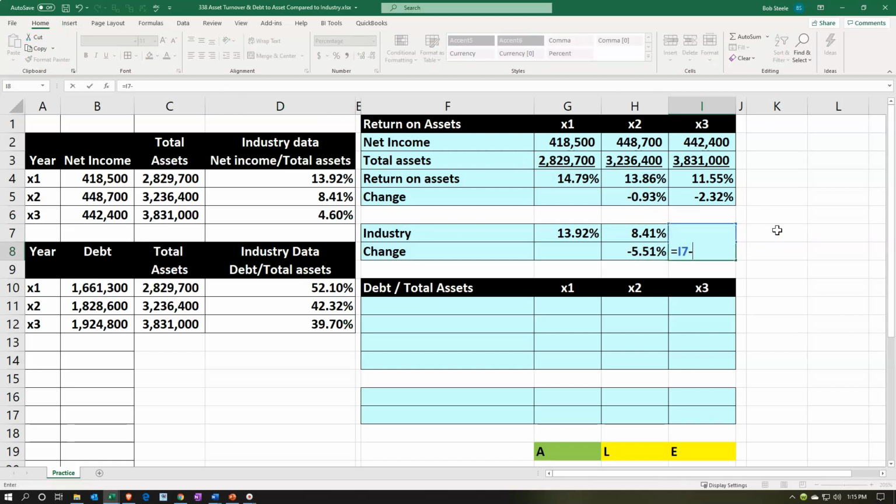This equals the 4.6 minus the 8.41. So on the industry standard then, we're looking a lot better. If we look at that point in time, we're saying, yeah, we went down, the trend's going down, but we're at 11.55 compared to only 4.6 on the industry, and the industry went down by 3.81, and we only went down by 2.